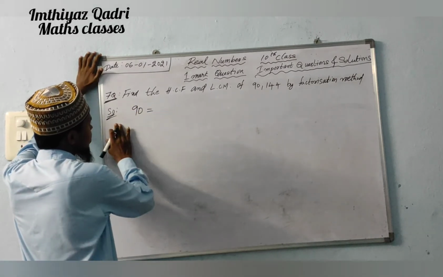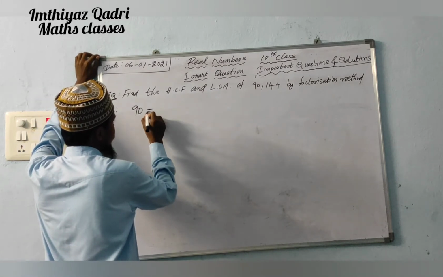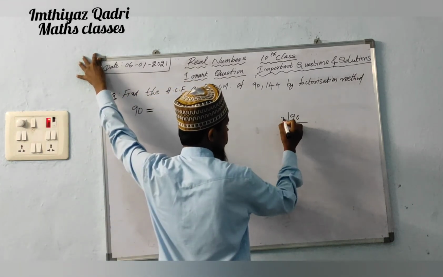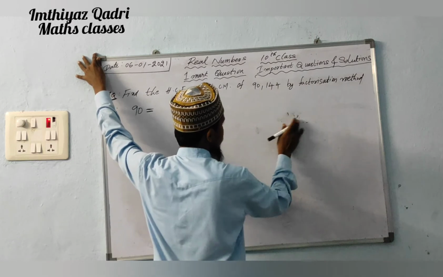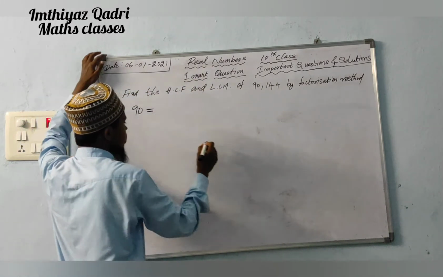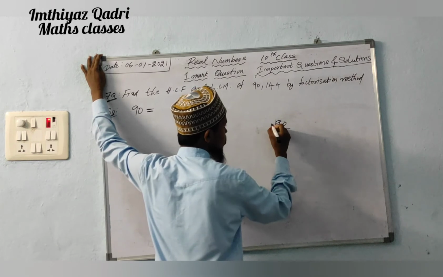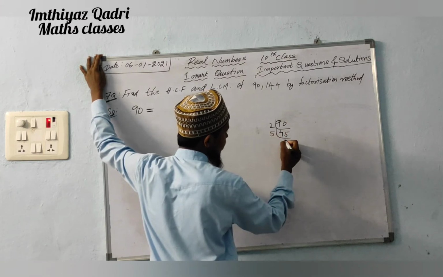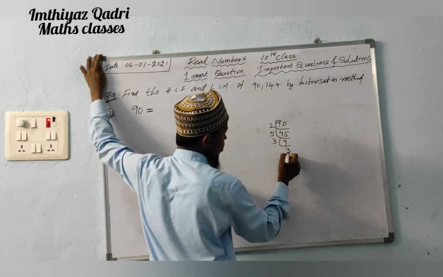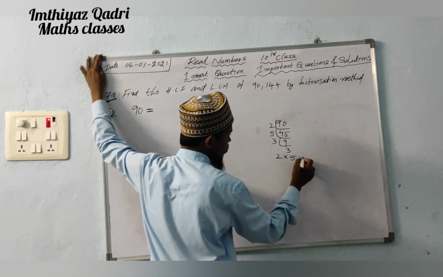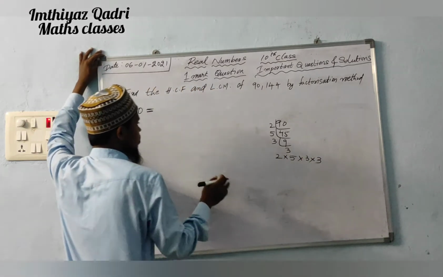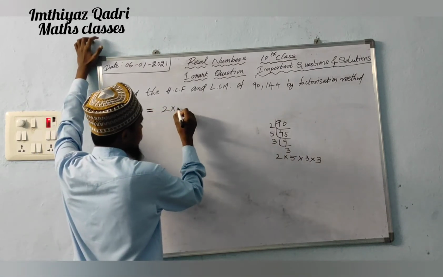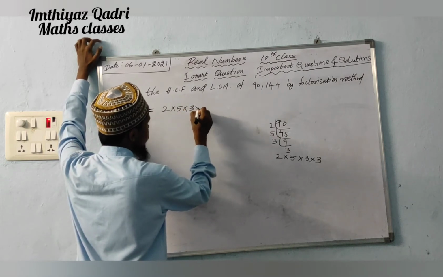We are writing 90 in factors. 90 is 2 times 45, 45 is 5 times 9, and 9 is 3 times 3. So the factors of 90 are 2 into 5 into 3 into 3.